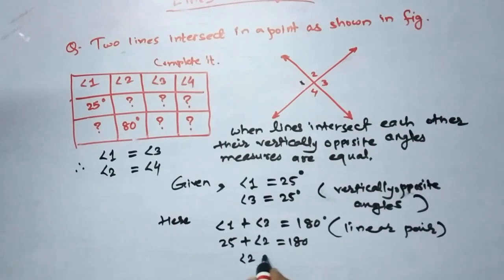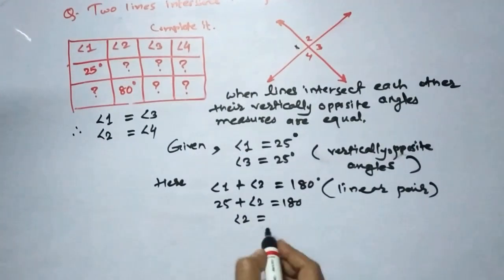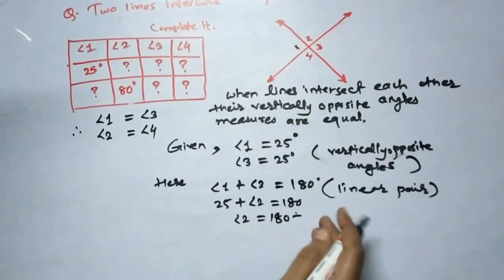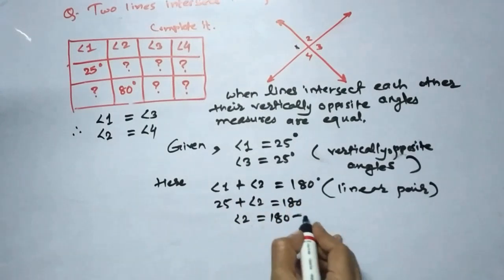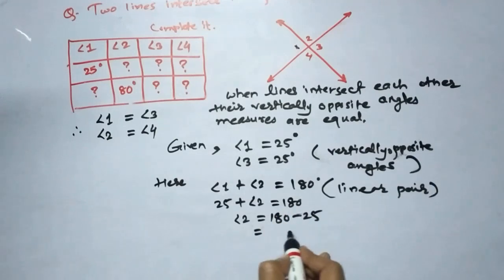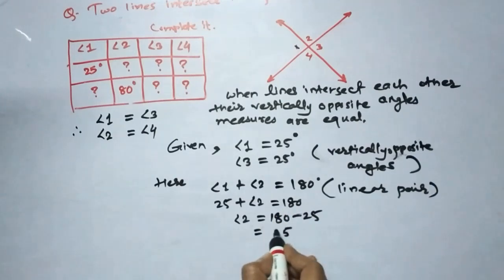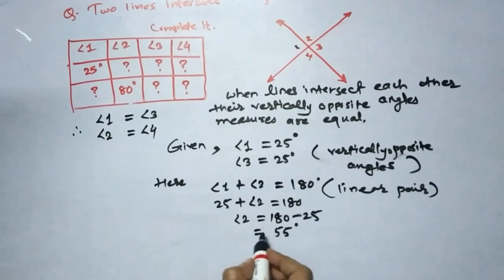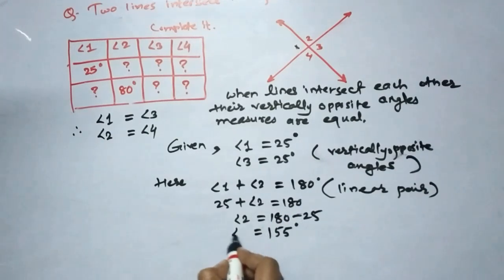Angle 2 is equal to 180 minus 25. This plus 25 we will shift that side. So we'll get here 155 degrees.